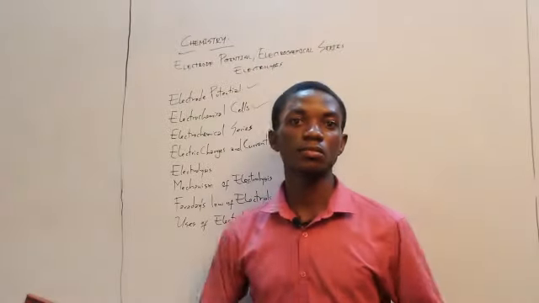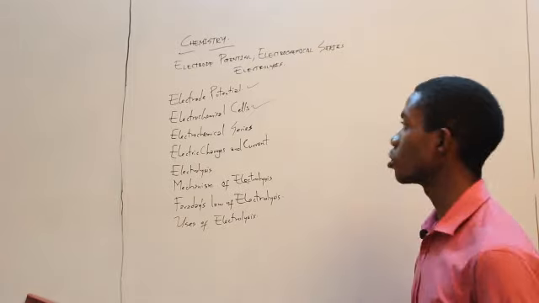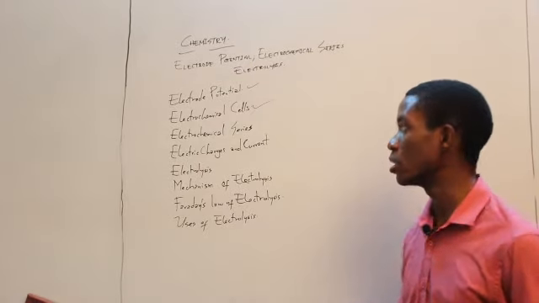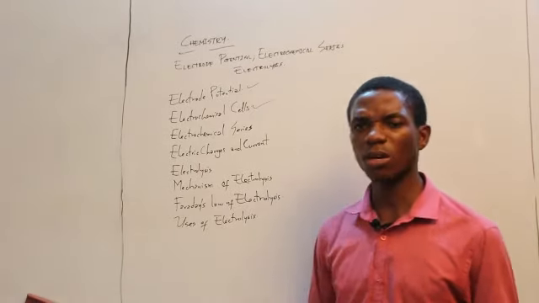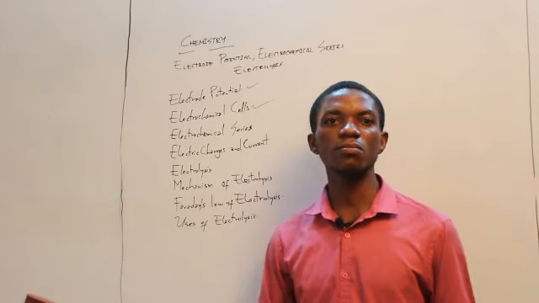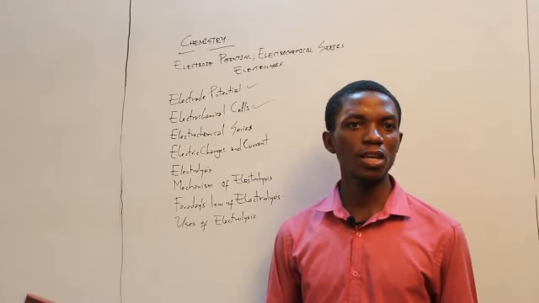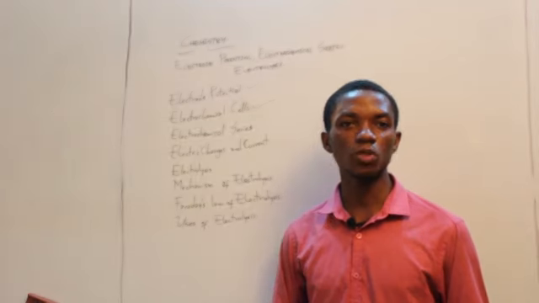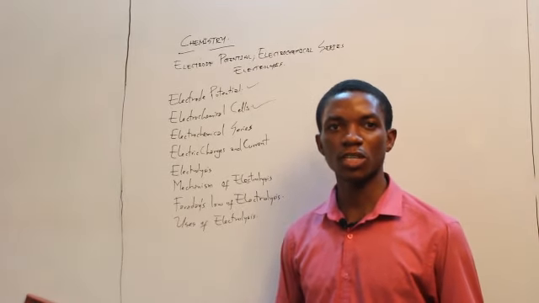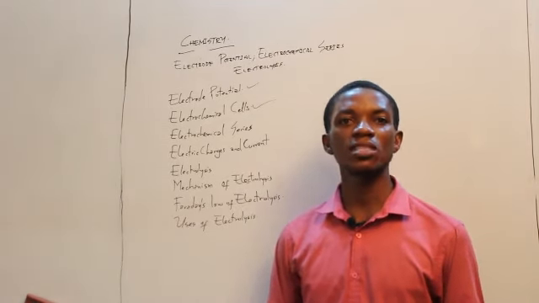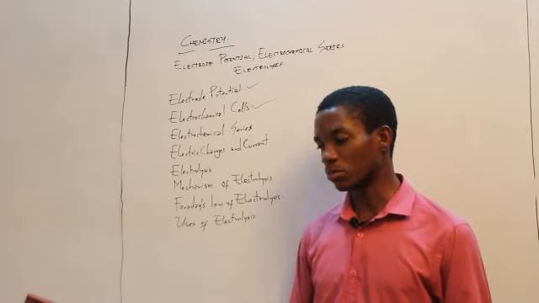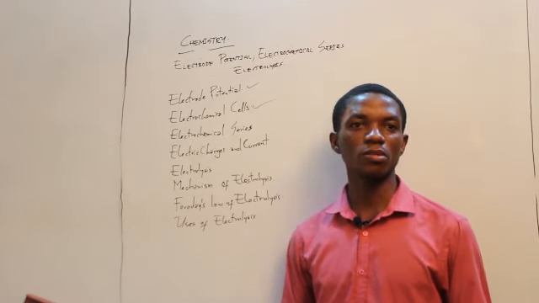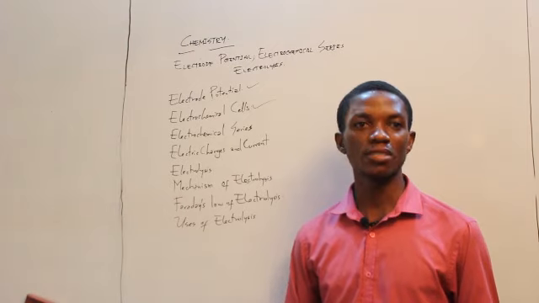So welcome back. We've looked at the electrode potential and electrochemical cells. Now let's talk about the electrochemical series. When we talk about the electrochemical series, it simply has to do with the arrangement of elements based on their electrode potential. It doesn't necessarily have to be elements, it can be compounds as well, because certain compounds are actually more reactive than others.